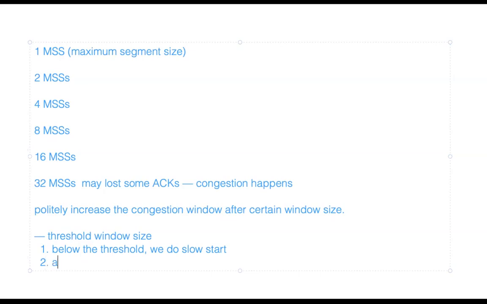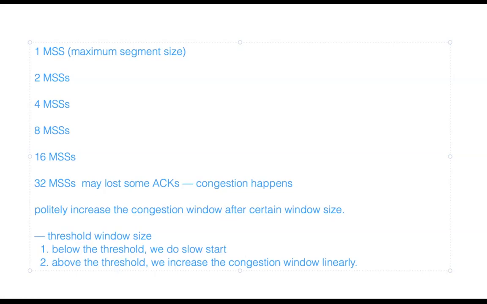And above the threshold, we increase our congestion window linearly. So there we introduce the threshold so that we do it separately.